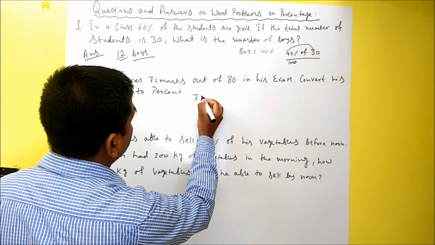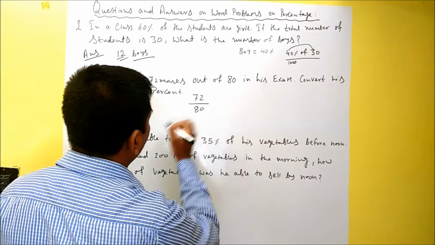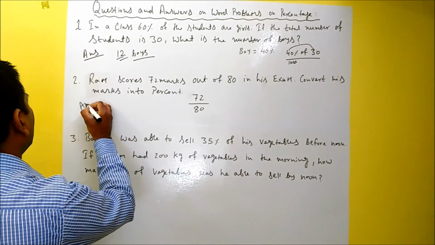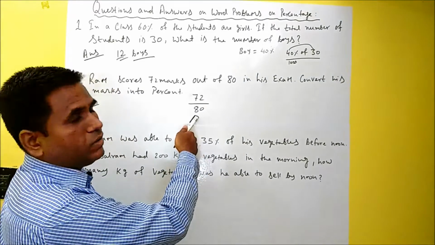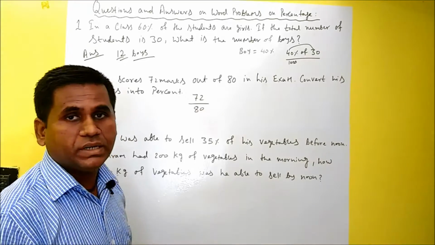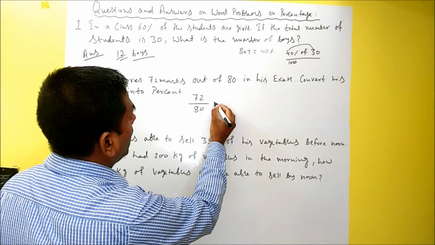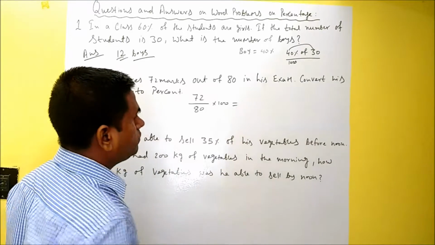This is a very direct question. We can just use the formula for converting to percentage. The formula is, we always write the total in the denominator, and whatever marks are obtained are written in the numerator, and if you multiply this with 100 you will get the percentage of marks.